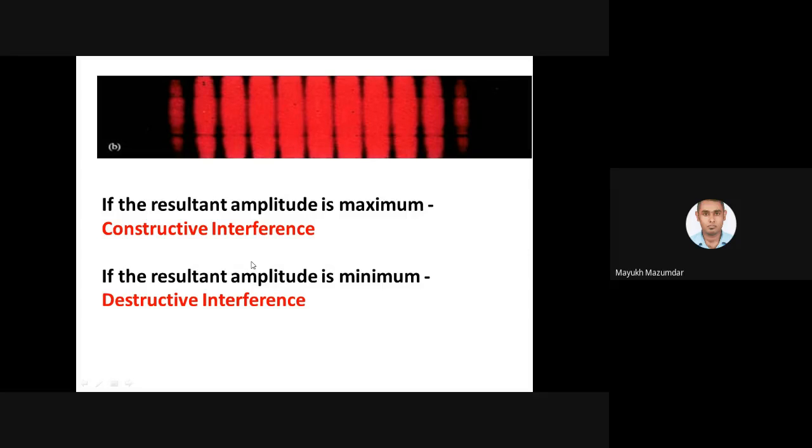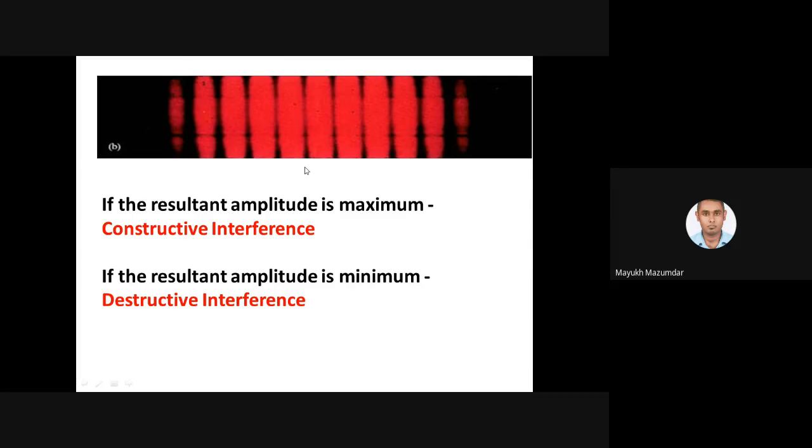Suppose two waves are interfering. If at some point we are getting brightness, like at these locations, then we say that the interference is constructive. These are regions of maximum amplitude, and intensity of light is proportional to the square of the amplitude, right? So we can easily say where intensity is more, amplitude has to be more. And see the regions in between them.